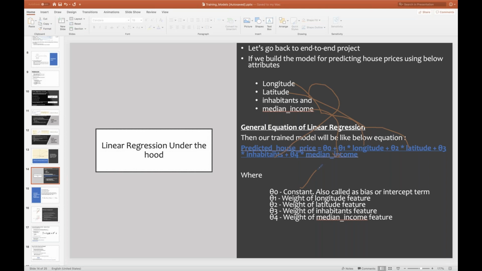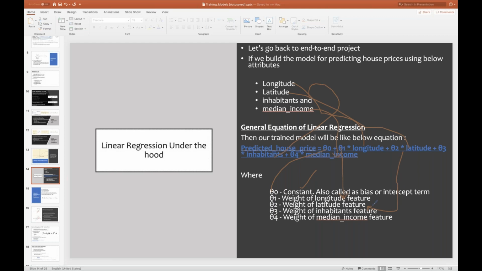Now, theta 0 will be your intercept term or constant term. Theta 1 will be the weight of the longitude feature. I know now you are understanding what a feature's weight is. Longitude is one feature and theta 1 is the weight of longitude.